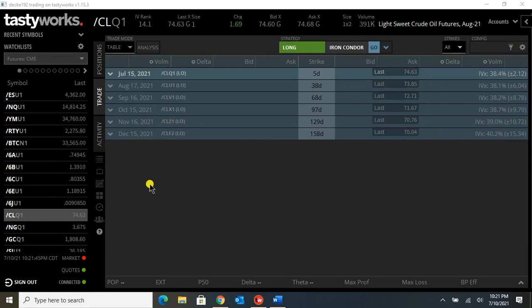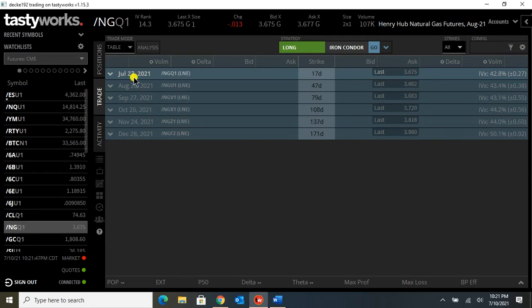So if we go to natural gas in this option chain, you can see that the current month, the August price, is 3.675, and there's a little dip here, but as you go out further in time, these values are greater than the closer dated futures contracts.